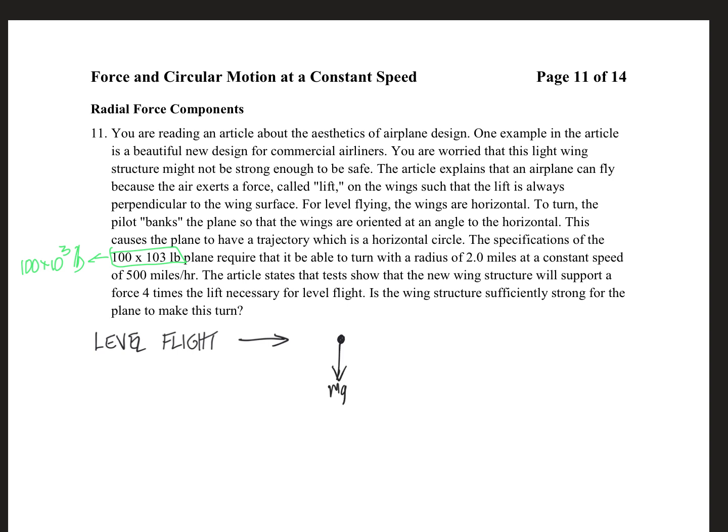It's going to have a weight, mg, which is what we're dealing with here. And there's going to be a lift force, which sometimes is labeled with just the letter L, for level flight. So it's a really simple force balance. It's the lift force equals the weight, okay, when it's level flight.